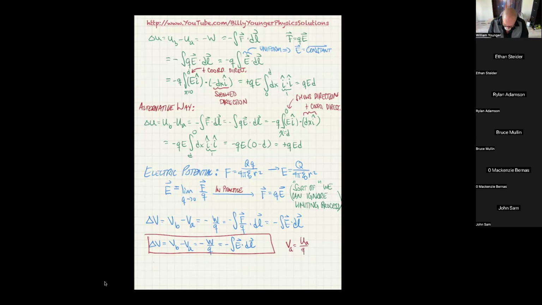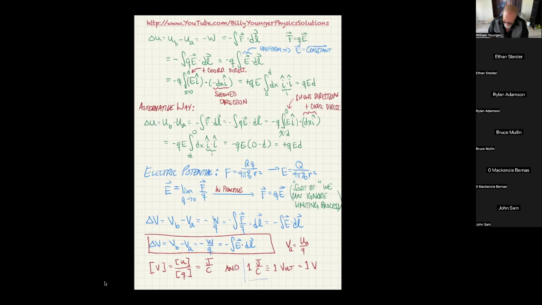And that lets us see that the units of voltage is equal to the units of potential energy divided by the units of charge, which is equal to joules per coulomb, and 1 joule per coulomb is defined to be 1 volt, which can be abbreviated 1 with a capital V.